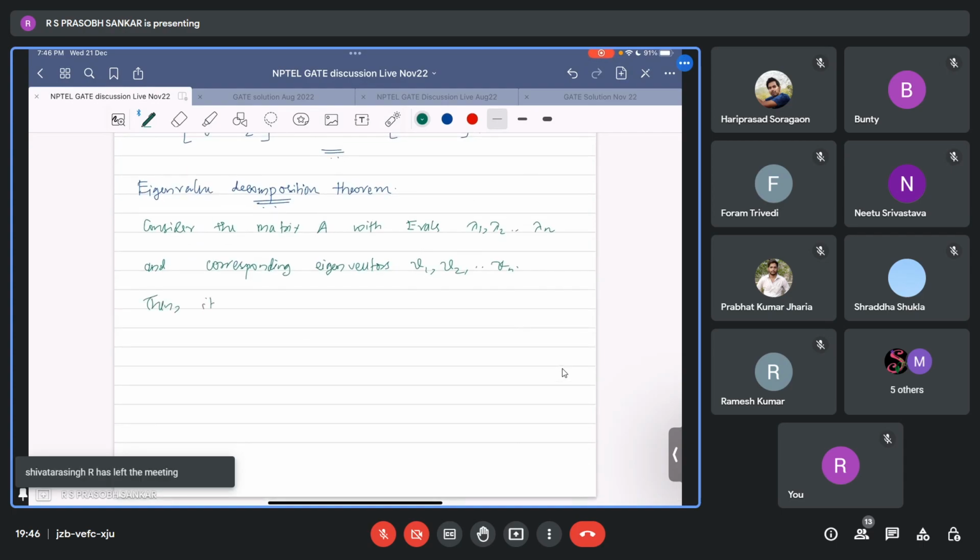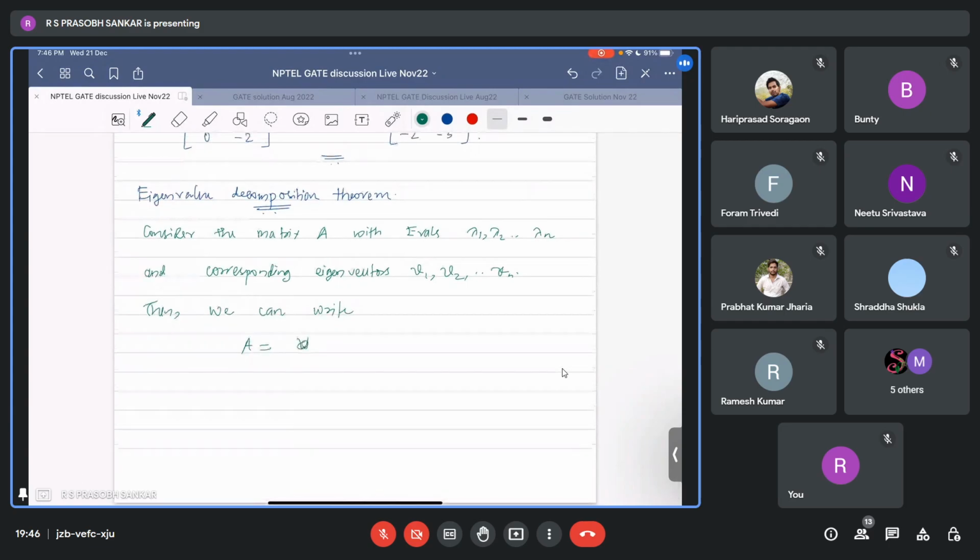Then we can write this matrix A as V lambda V inverse, where V is a matrix with the eigenvectors as the columns v1, v2 up to vn.